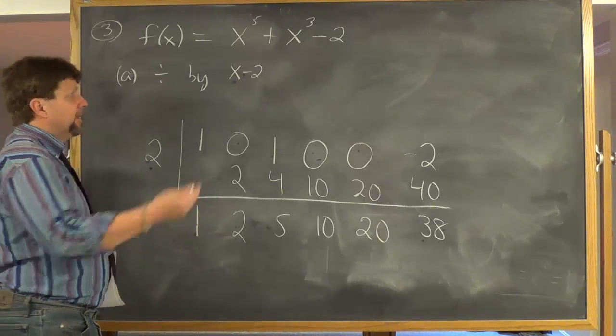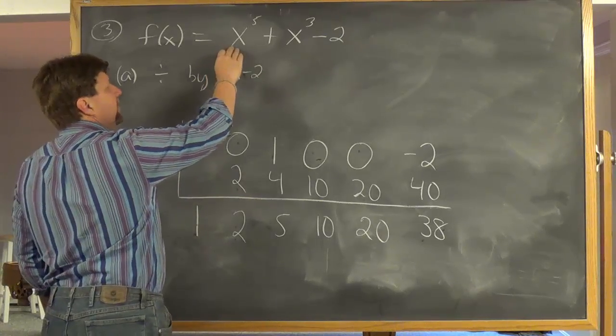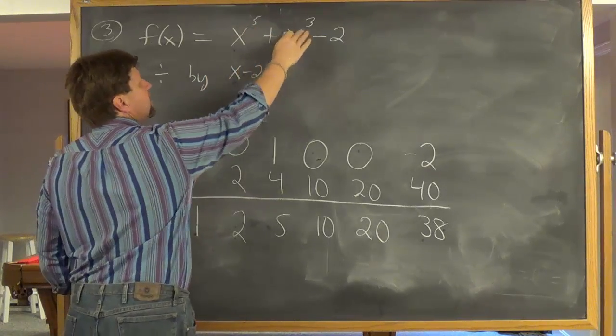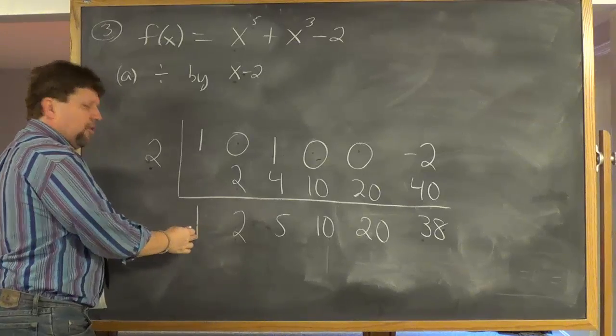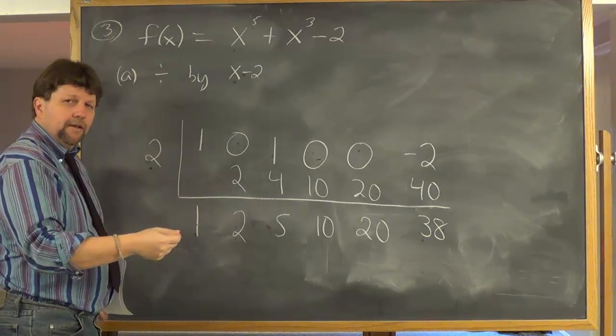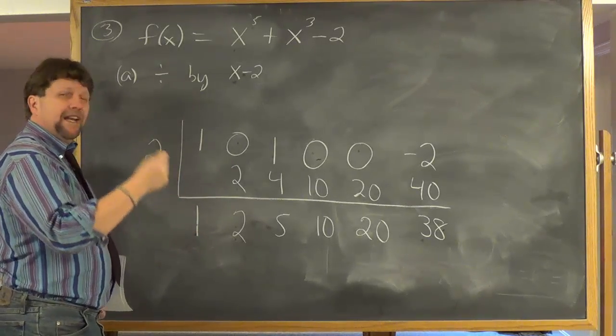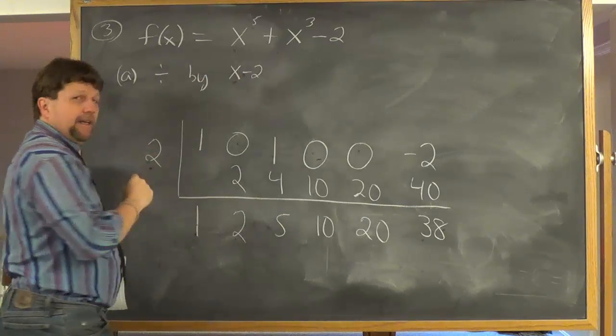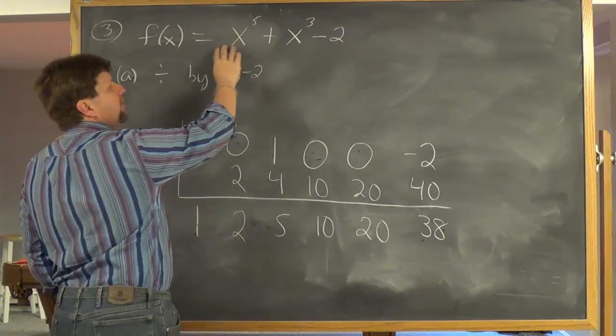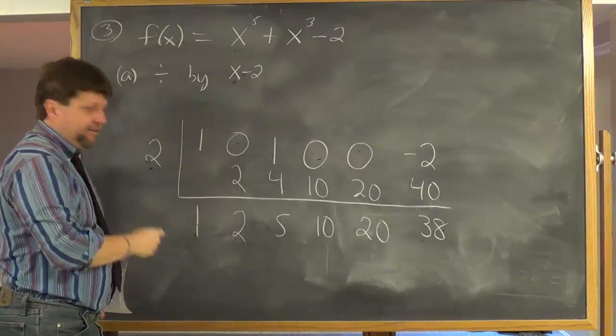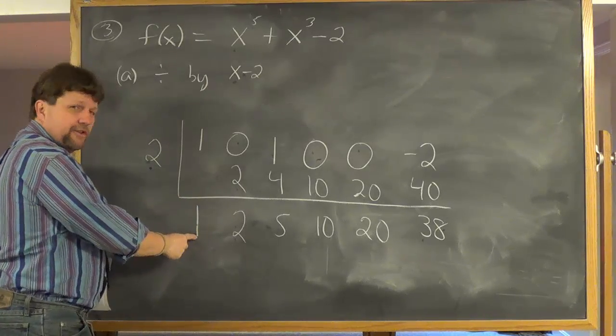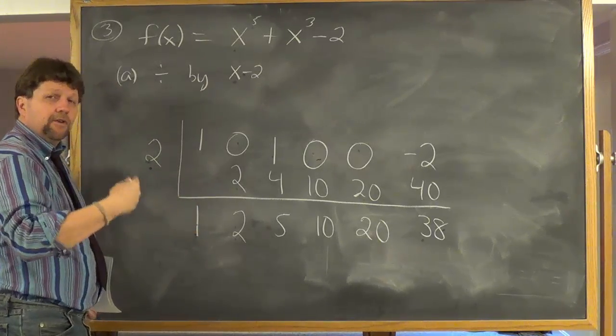Easy way to remember it: since we were dividing x to the 5th plus x cubed minus 2, your quotient will have a degree that starts off 1 less than what you're dividing into. So since the degree of this polynomial was 5, this coefficient matches up with a term that would have a degree of 4.